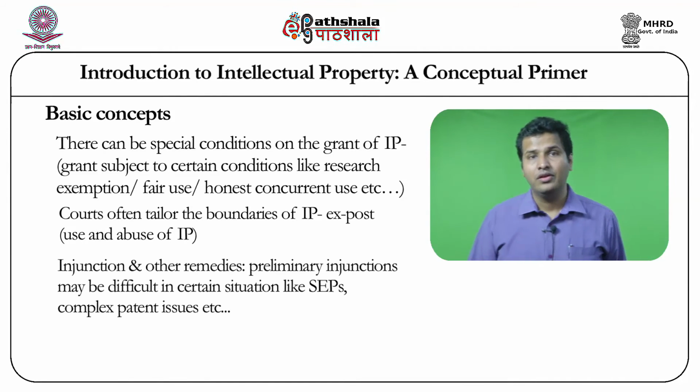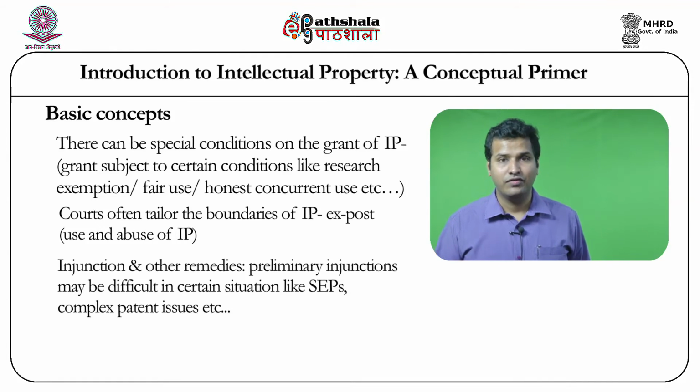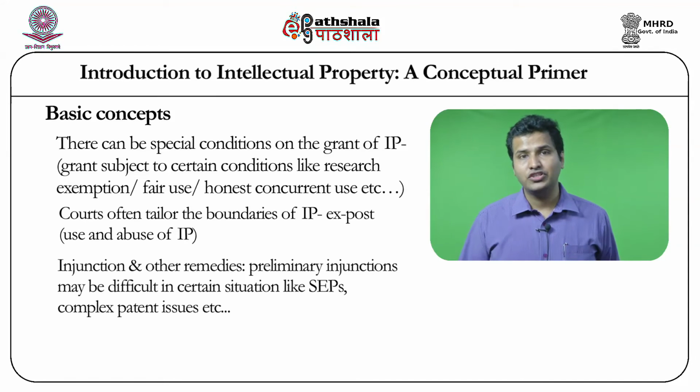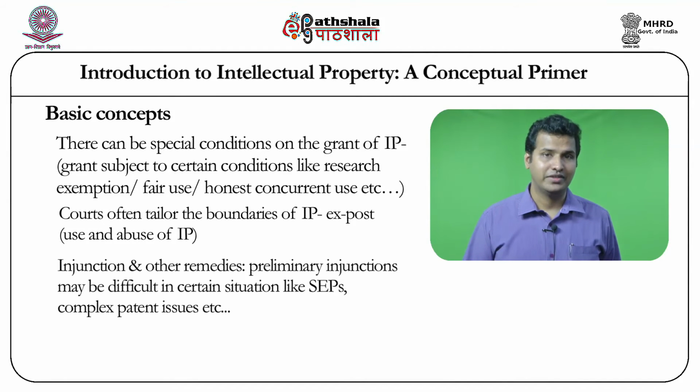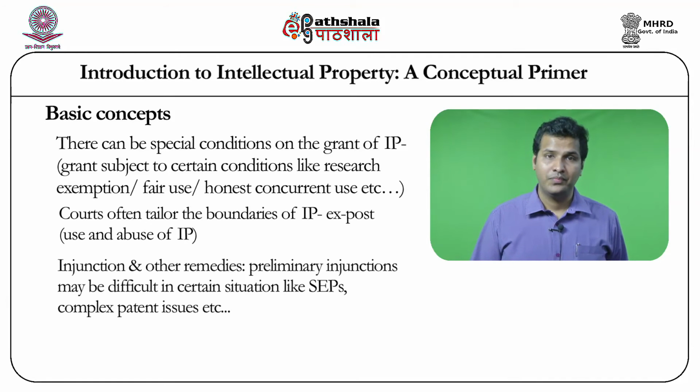Injunction and other remedies are provided as much as in case of any property right, and preliminary injunctions may sometimes not be easily granted in case of patents, because in case of patents, determining ex ante the claims and the technical arguments involved may lead to an extensive trial, and if that has to be avoided, then the courts must look into principles of injunction, which is usually called the 4-factor test, and try and decide whether in certain cases a remedy in the form of an injunction should be given or not.